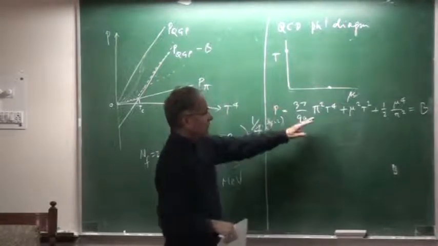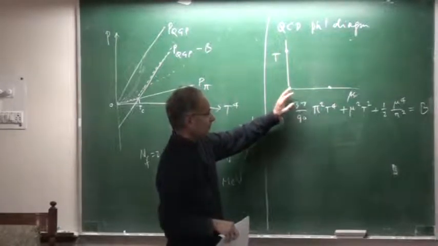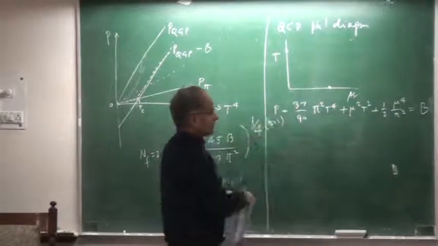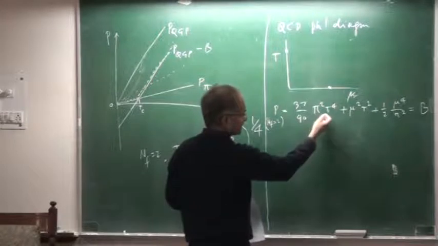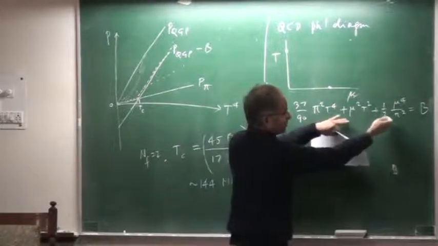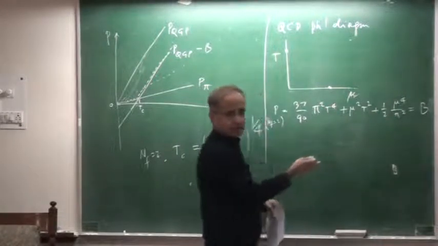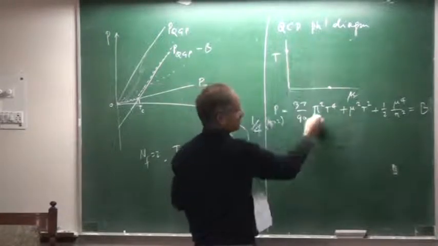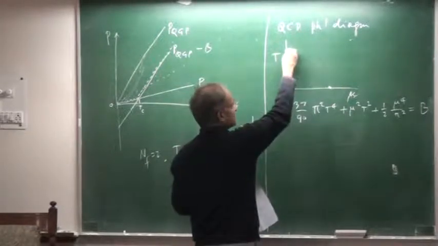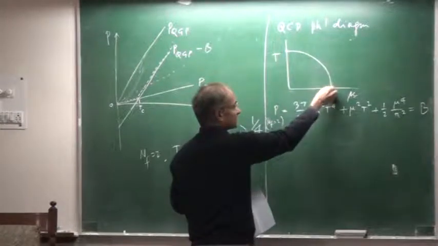In between, for non-zero T as well as mu, it's easy to check that as you keep decreasing T, you have to increase mu to satisfy this equality. So as you go down here, mu has to be larger and larger, and you will get something like this.